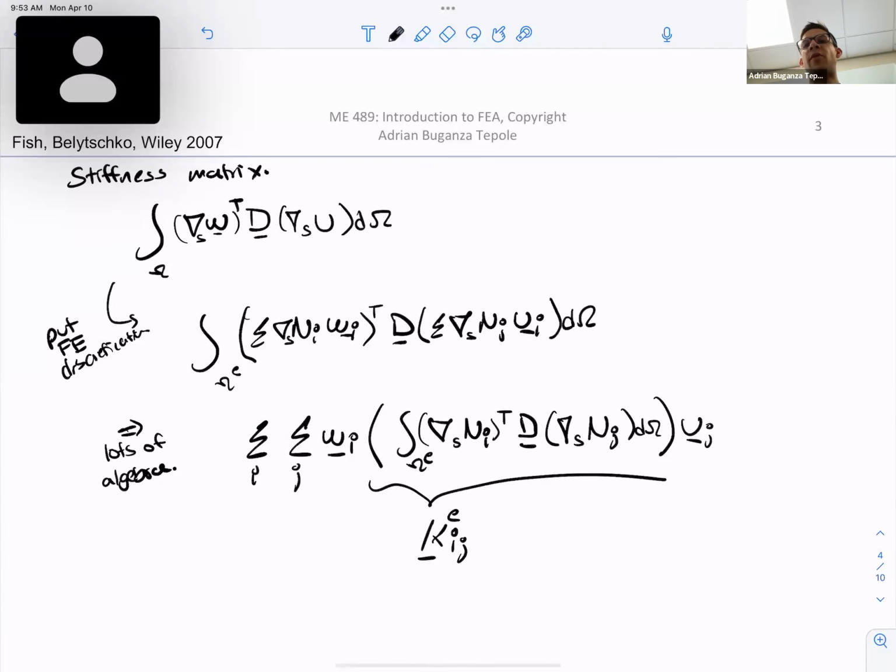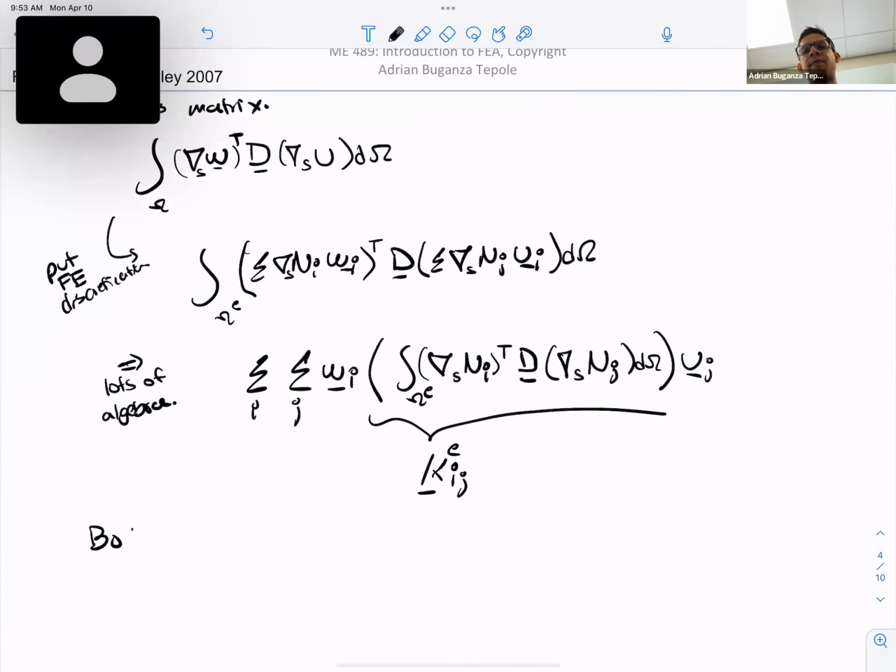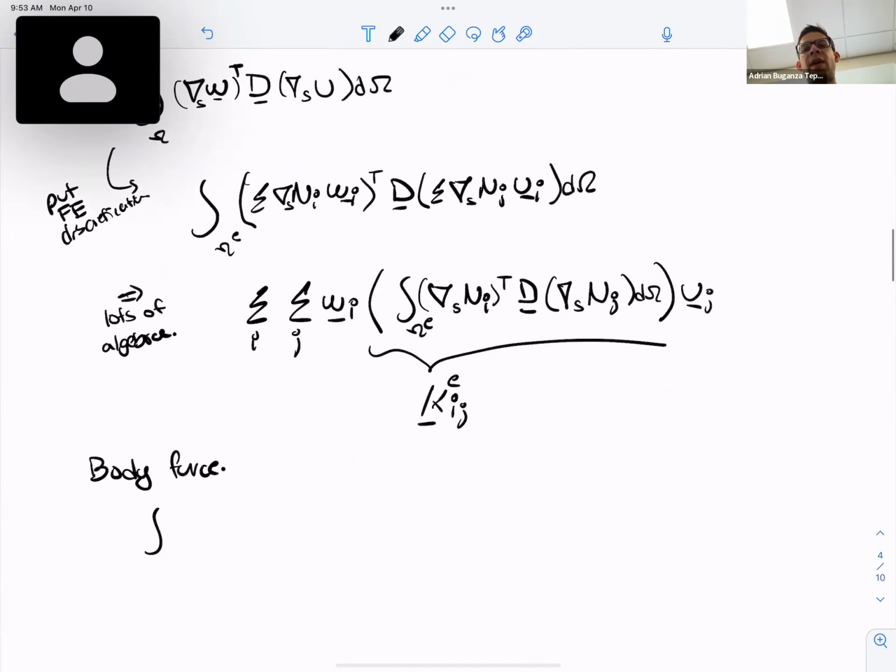How about the body force? If you look at the integral, it is this: the integral of the weight function times the body force vector.